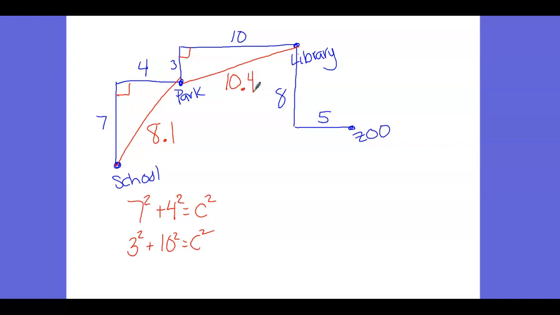Then from the library, for number 3, they're going to go to the zoo. 8 and 5. Yep, and we're still missing our what? C, so it'd be 8 squared plus 5 squared equals c squared.